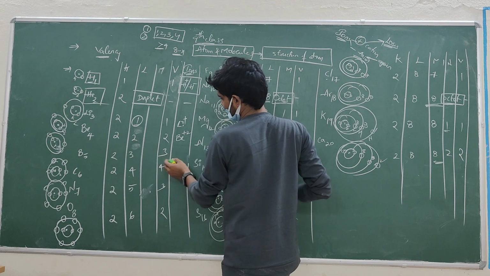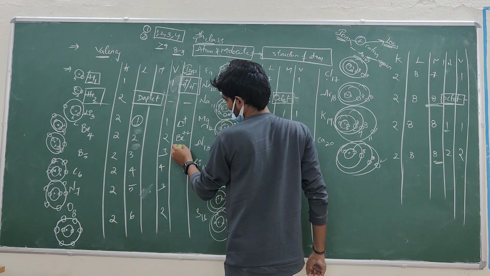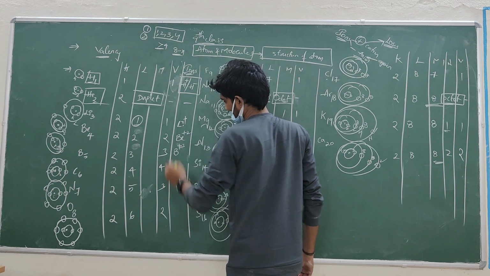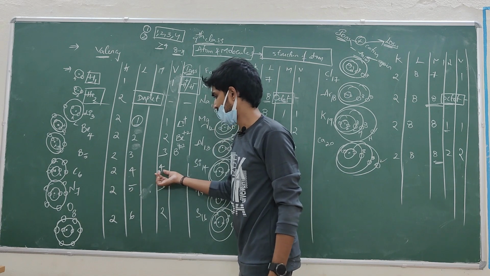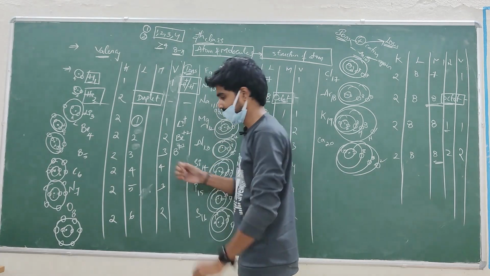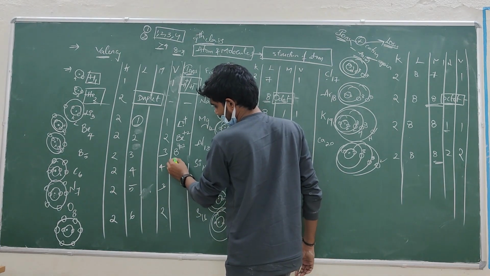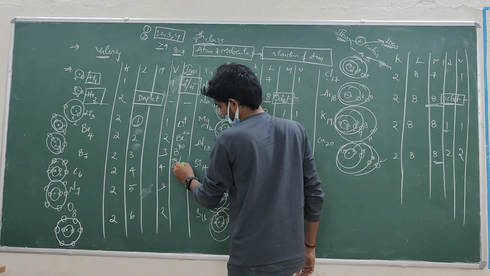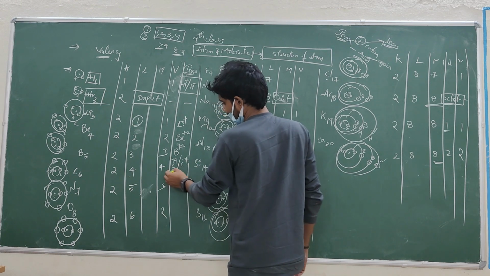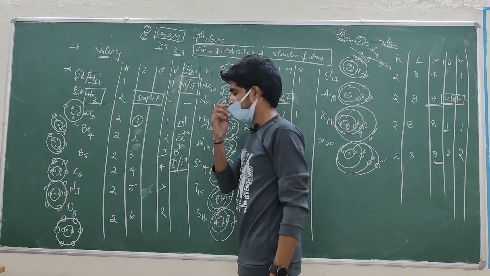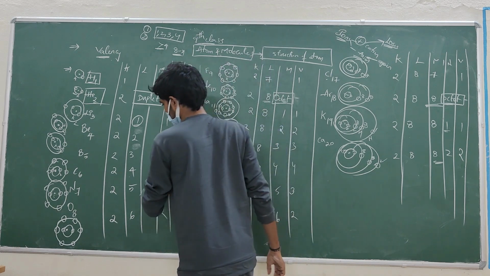It simply loses 3 electrons and becomes boron plus 3. Finally, carbon has a similar situation where it either loses or gains, because losing and gaining are the same.